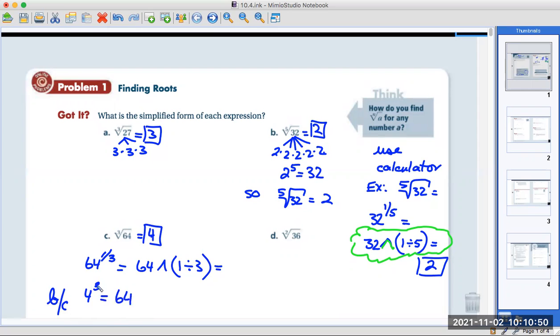So that's the connection. It's the opposite of the powers, taking the root. The second root, or the square root of 36, is 6.